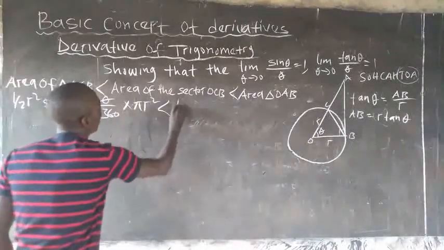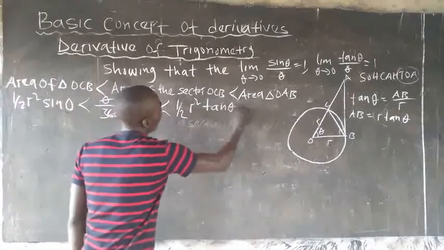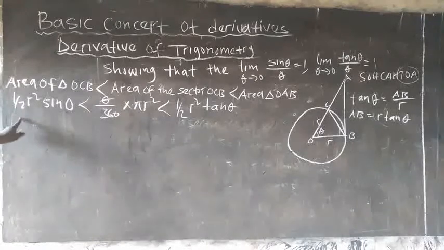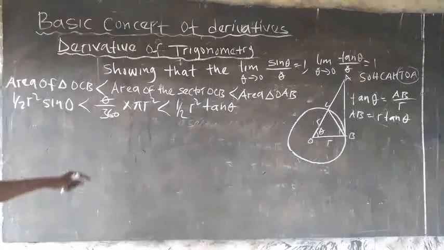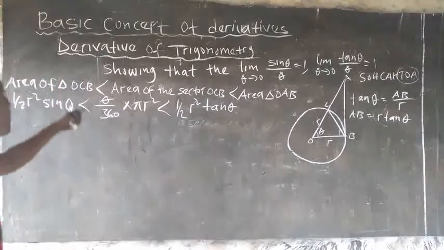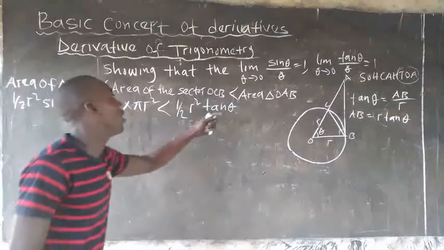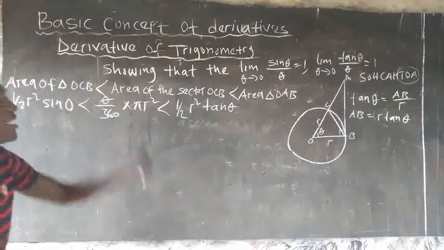half r squared times theta. So here you will see that the area of triangle OCB is half r squared sin theta, the area of the sector OCB is theta over 360 times pi r squared, and the area of triangle OAB is half r squared times theta.